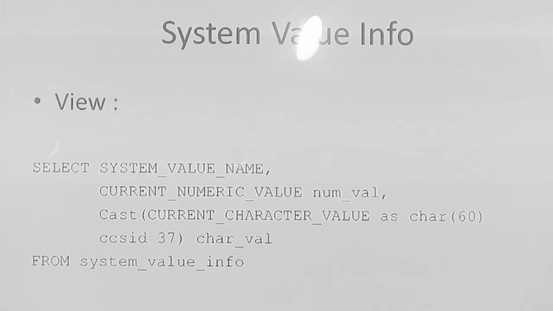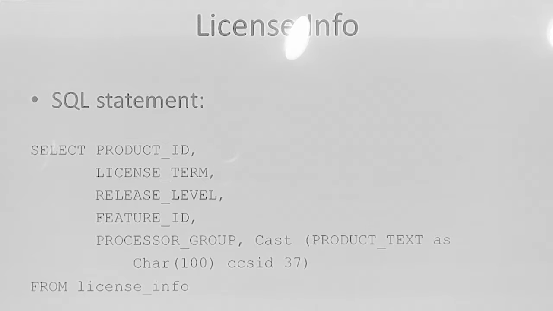Then we get some license information. I know you can get it from green screen. I just included this one because it was easy to get. The product text had to be converted again also. The name of the view is license info. I didn't bring every column in, because I only have 100 characters I can put on, and that's about what I could get on a slide.